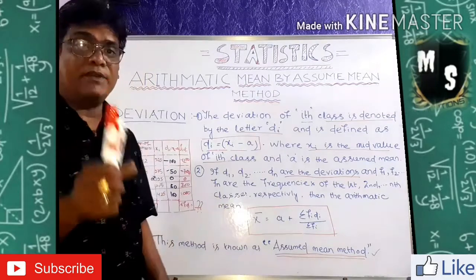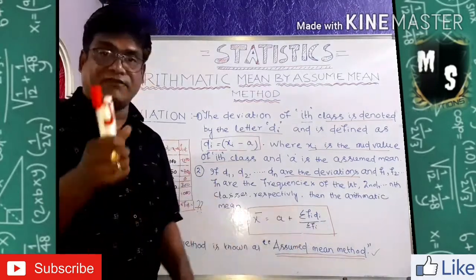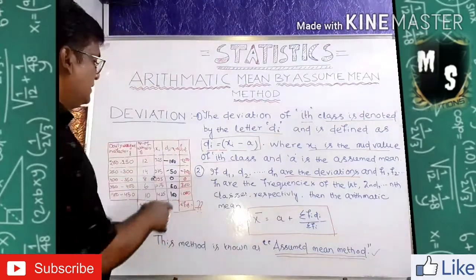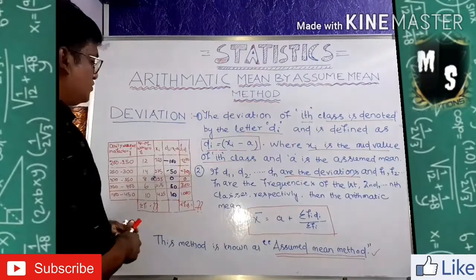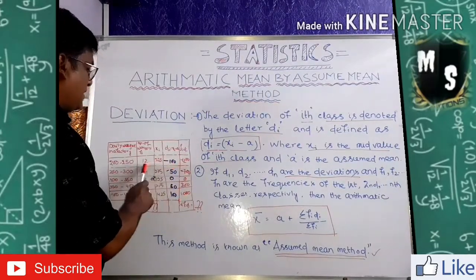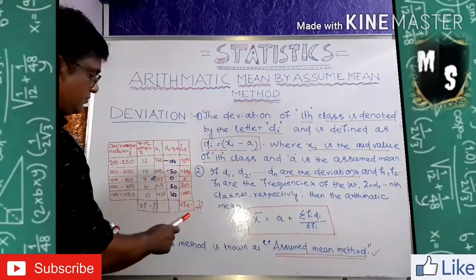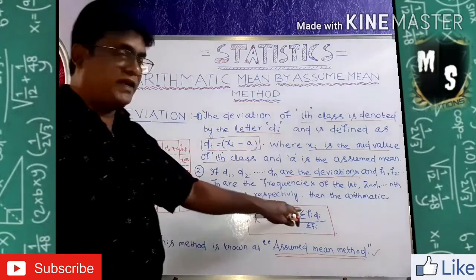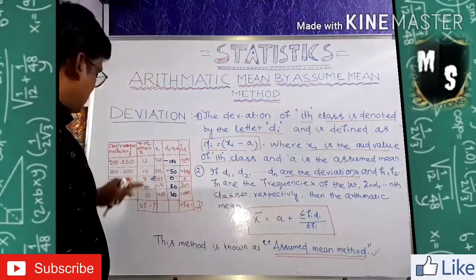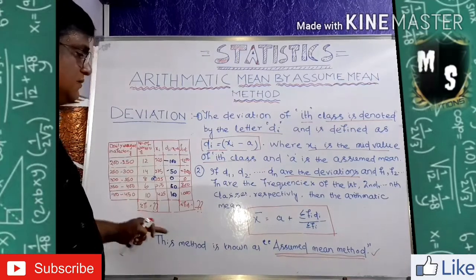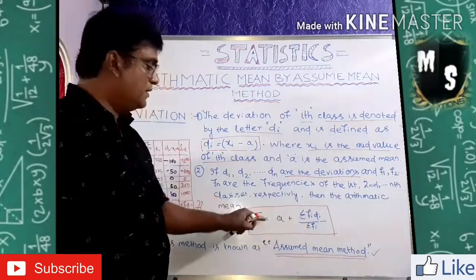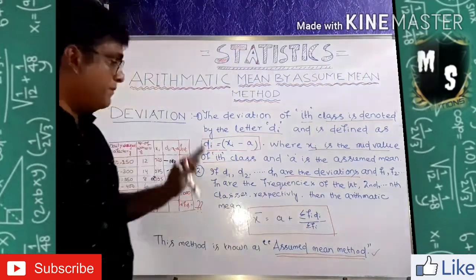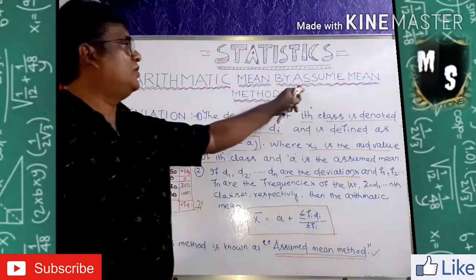That means the summation of the fi di column. Don't forget, you multiply and add it to get the sigma fi di. Then you add the frequency column, that is sigma fi. Then put it in and get the mean by the assumed mean method.